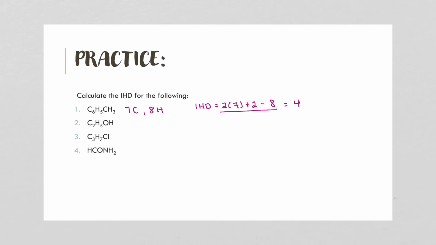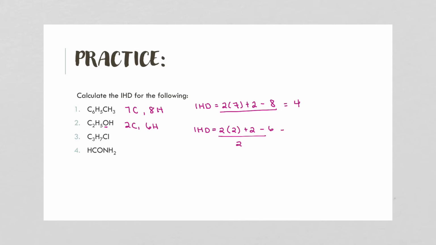For the next one, it has an oxygen, but remember we don't count the oxygens, we just count the carbons and the hydrogens. So we have 2 carbons and 6 hydrogens. So our IHD is equal to 2 times 2 plus 2 minus 6, over 2.